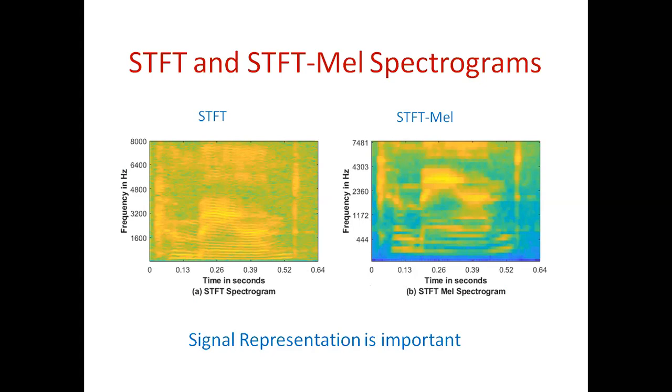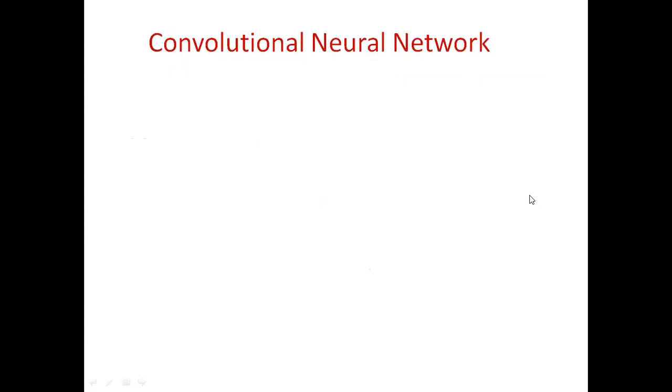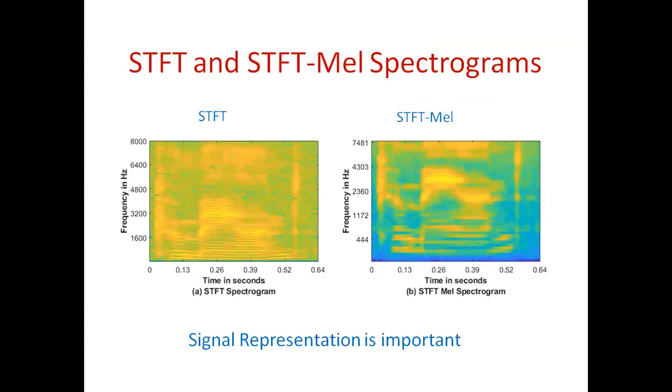So to assess the intelligibility of dysarthric speech, we used the STFT spectrogram. We also made use of the STFT MEL spectrogram. We fed these, which are now treated as images, through a convolutional neural network, CNN.